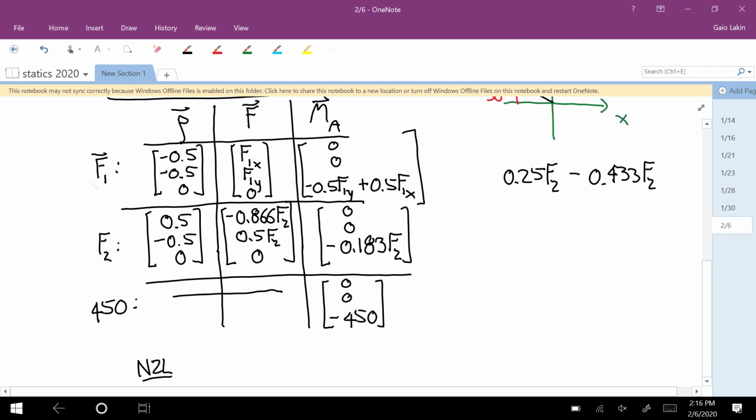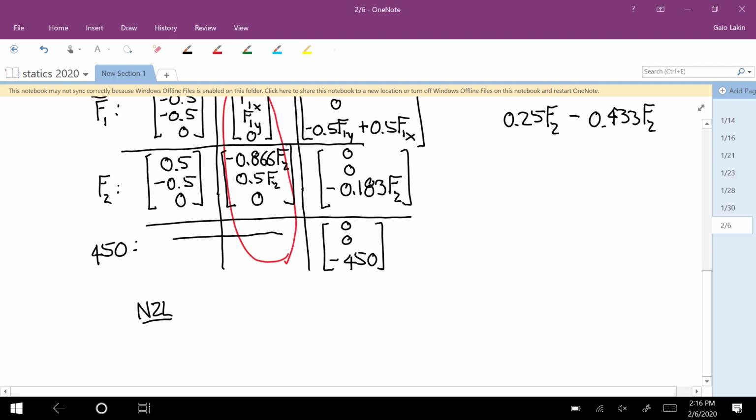Okay, so Newton's second law, this is what's nice about this table. We're going to take all these and just add them all up, and that's the left side of Newton's second law. So we have F1x, F1y, and I'm going to leave off the z's because the z's are always going to be 0 for a two-dimensional problem.